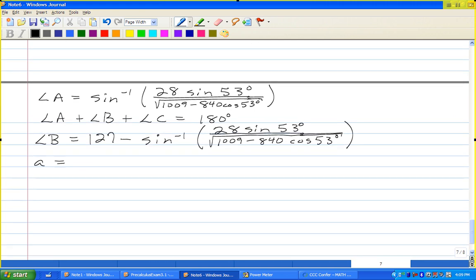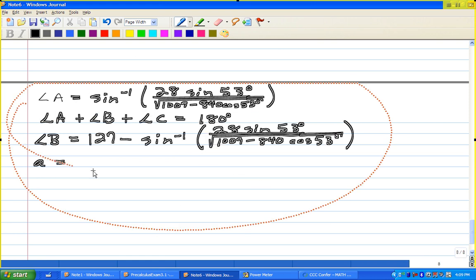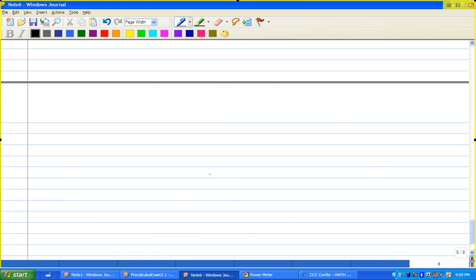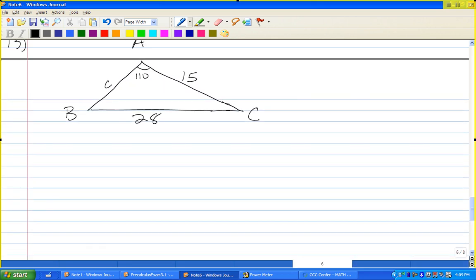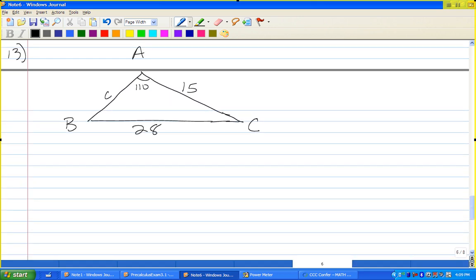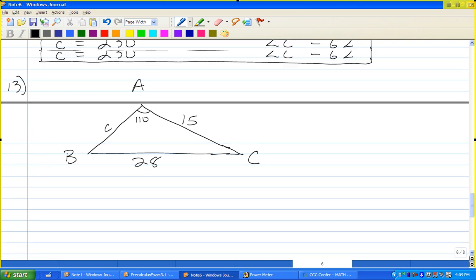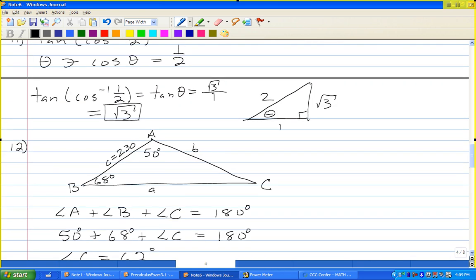Okay. Let me just check that I put down the right numbers in here. So this is problem 13, and I did problem 12 before.